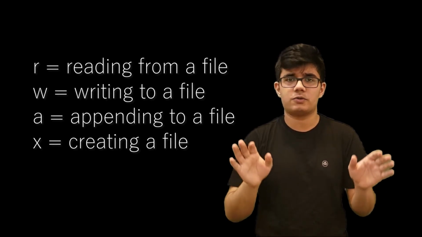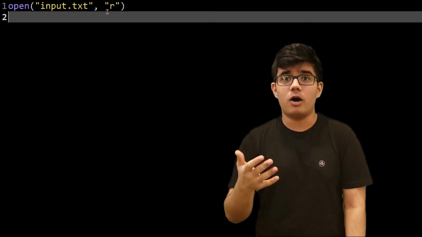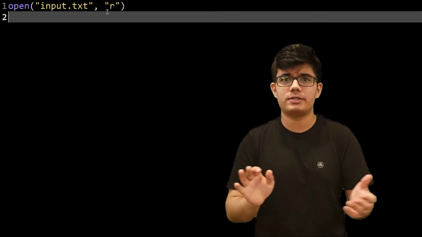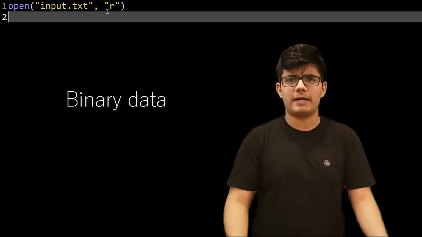For now, let's just talk about reading from the file. Normally, simply putting R after the file name as the second parameter in the open function is enough. There's actually one other case in which you will not want to do that, and that's when you're not trying to read text. When you're trying to read instead of text, you're trying to read binary data. What is binary data?